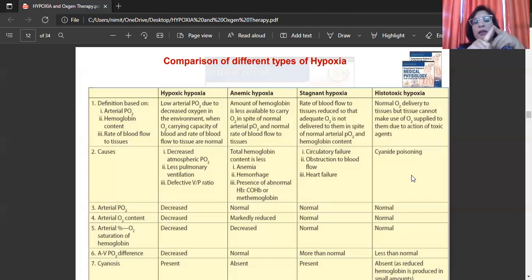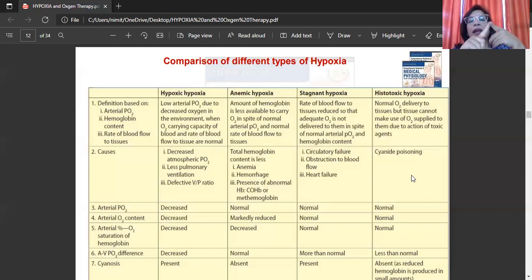In hypoxic hypoxia, there is low arterial PO2, caused by decreased atmospheric PO2, less pulmonary ventilation, and defective VQ ratio. Arterial PO2 is decreased, arterial oxygen content is also decreased, AV PO2 difference is decreased, and cyanosis is present.